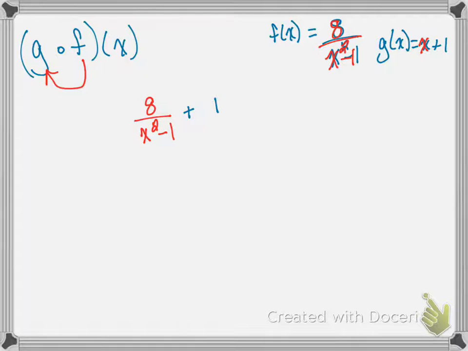Now if you remember back to chapter 4 in 131, we are going to add these rationals together. So I've got to get a common denominator. So I am going to do 8 over x plus 1 times x plus 1.